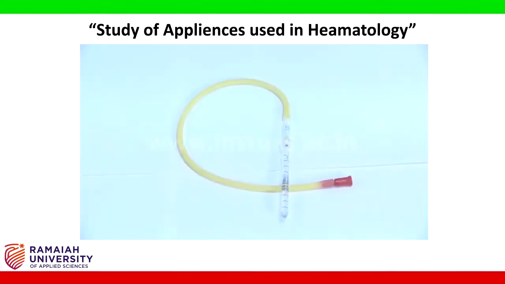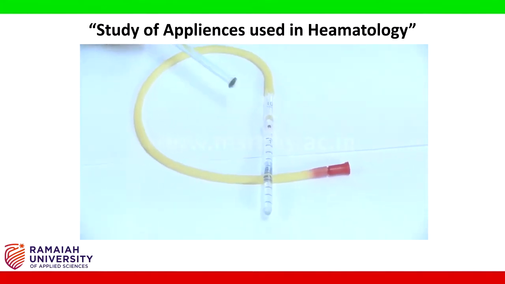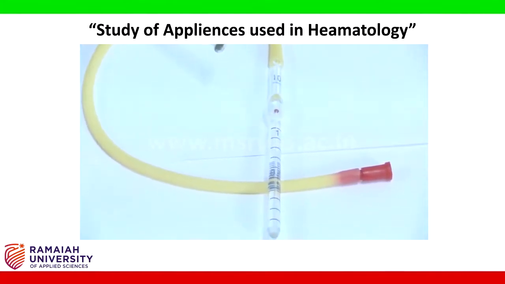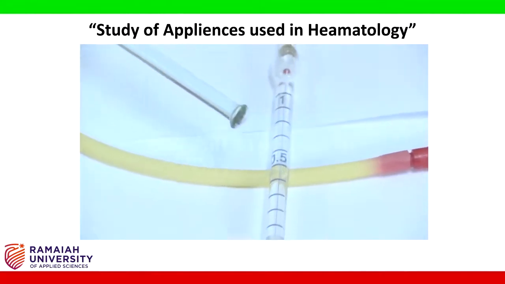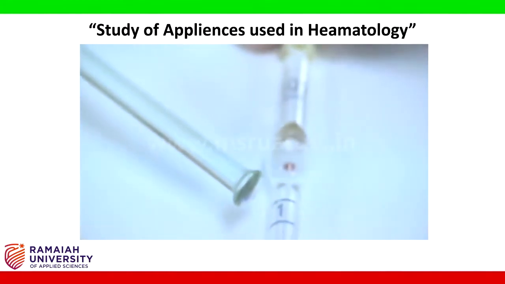RBC pipette. This is one of the diluting pipettes used in hematology. This pipette is called the RBC diluting pipette, which is utilized to dilute the RBC cells in the blood. It consists of a narrow stem which has various graduations to measure the blood.